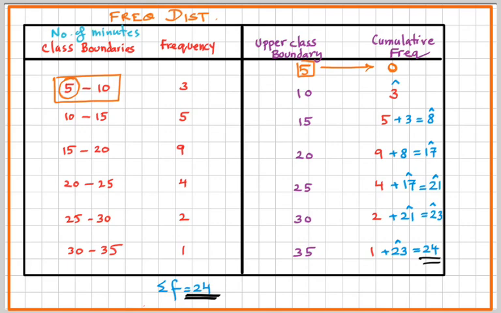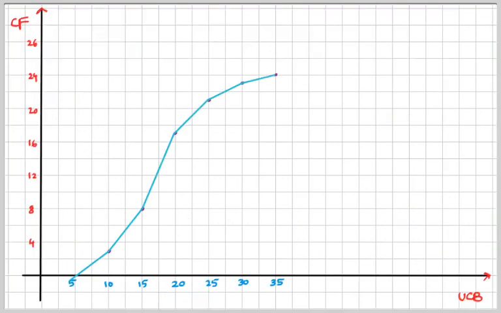So therefore, now we got the answer that we should join this straight line to the point 5. So that's where the straight line should be joined. So let me first mark the point 5, and then let's join the line like this. And that's how you draw a cumulative frequency graph.